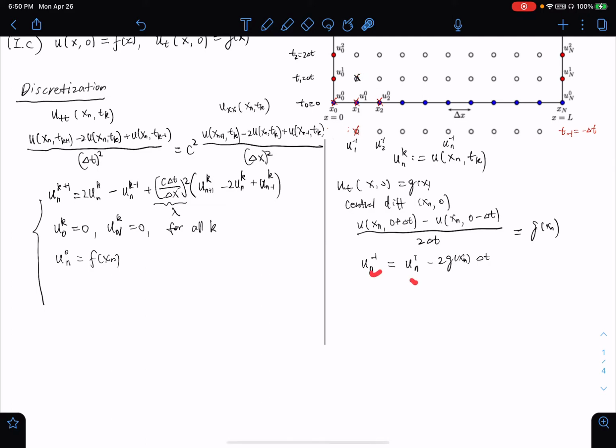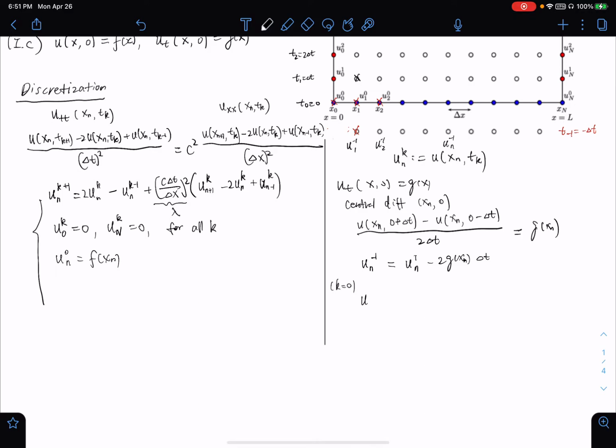And since it works for every n, this equation is about the relation between this value and this value, this value and this value, this value and this value. Okay, so now let us plug in this relation to the recursion formula for the points on the first time step. So in particular, we can apply the recursion formula to time step t1, which corresponds to k equals 0 here.